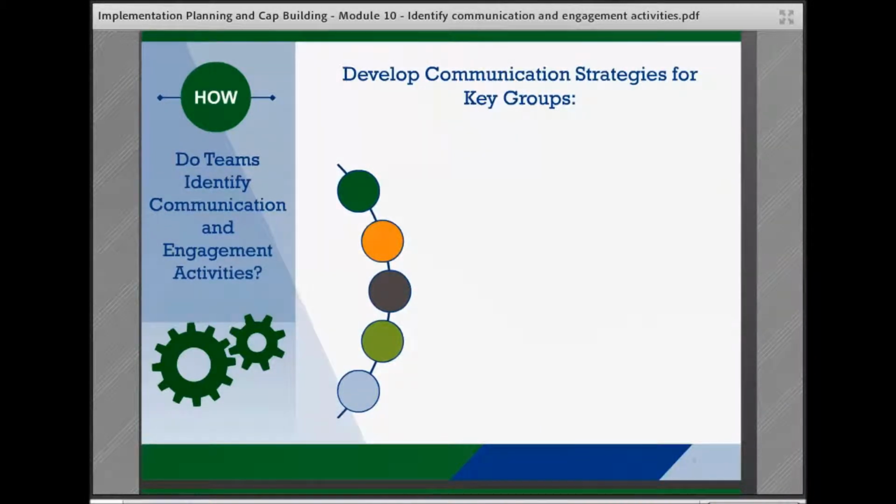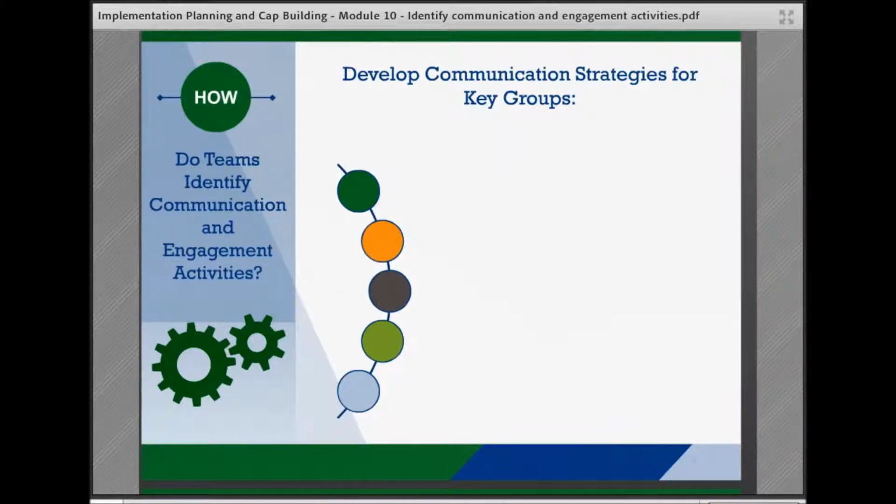Communication and engagement will be vital to obtaining and sustaining needed buy-in, support, and motivation, all critical to implementation success. Communication strategies should align with and build from the team's communication plan and external communication strategy.